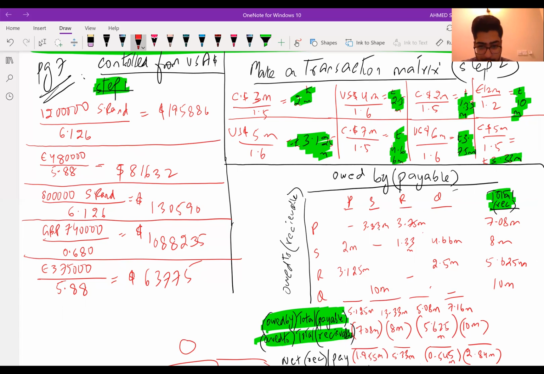First net them off, whether it is becoming zero or not. 1.955 negative, 0.545 negative and 2.84 negative net off with just a 0.01 difference, which is immaterial and should be ignored.